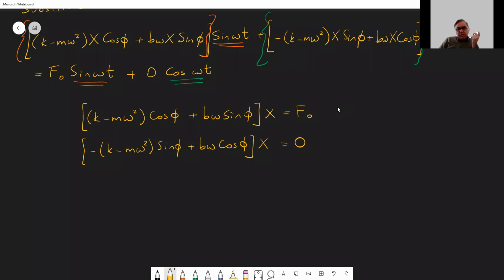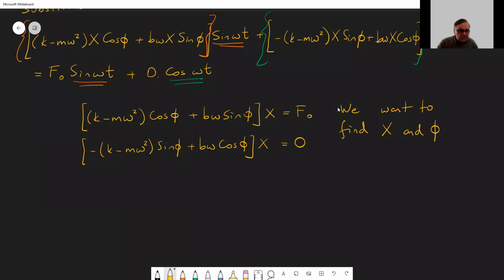So what are we trying to find here? We are trying to find, as you might remember, expressions for X and phi. Okay.